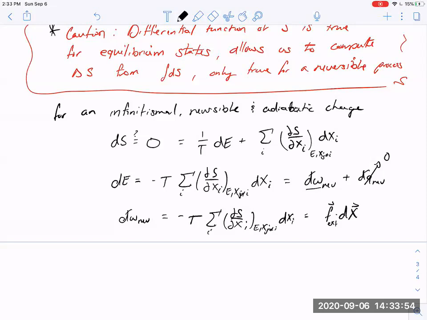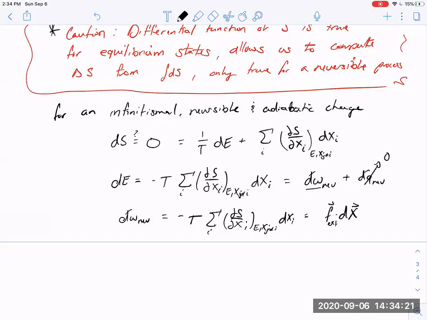So in an equilibrium system, there's an intrinsic relationship between mechanical quantities, forces, and statistical quantities, like the number of microstates a system can arrange itself in, given some constraints. This is not true away from equilibrium.